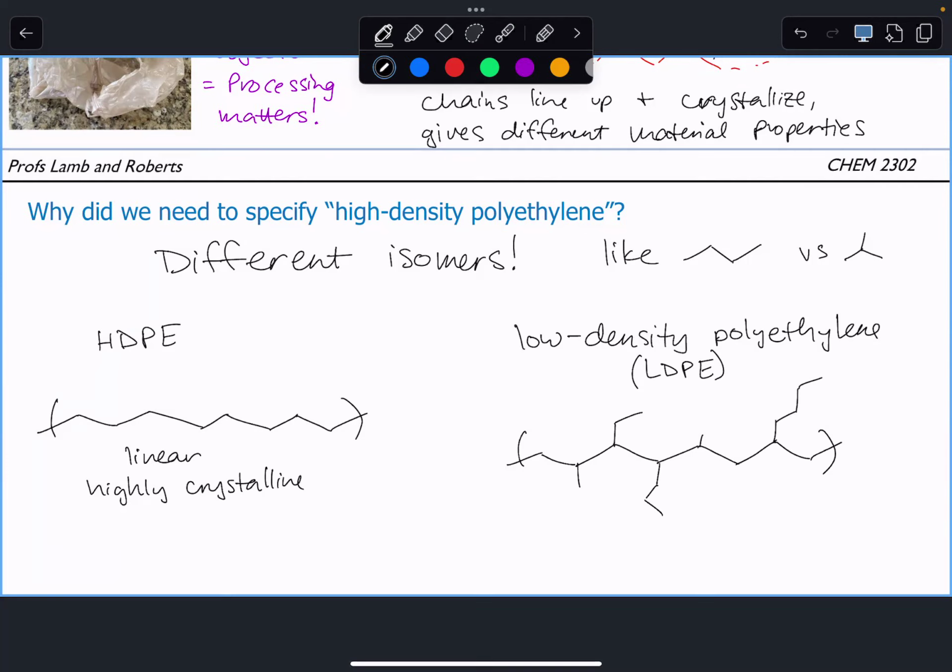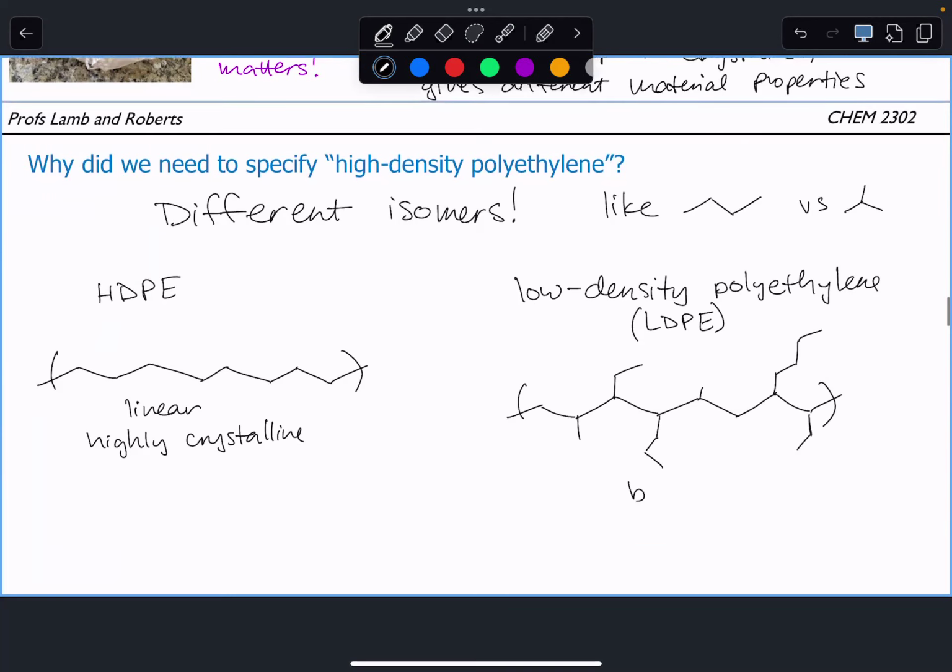And they can be of various lengths, depending on how you make it. So this is a branched polymer. It is less crystalline. Depending on how much branching and how long the branches are, maybe it's not crystalline at all, kind of depends. But both of these polymers are made from ethylene as their monomer.